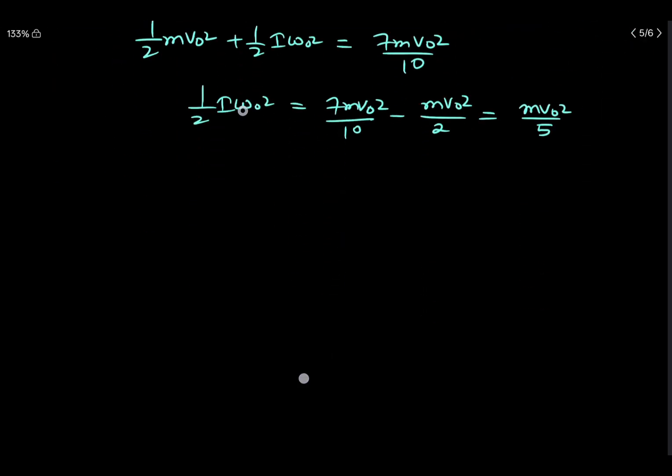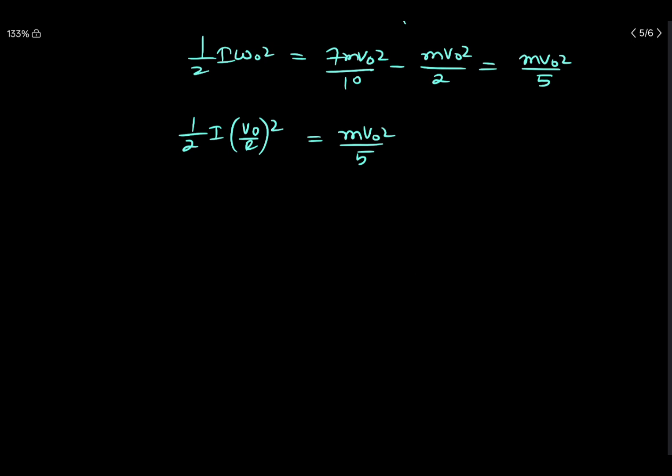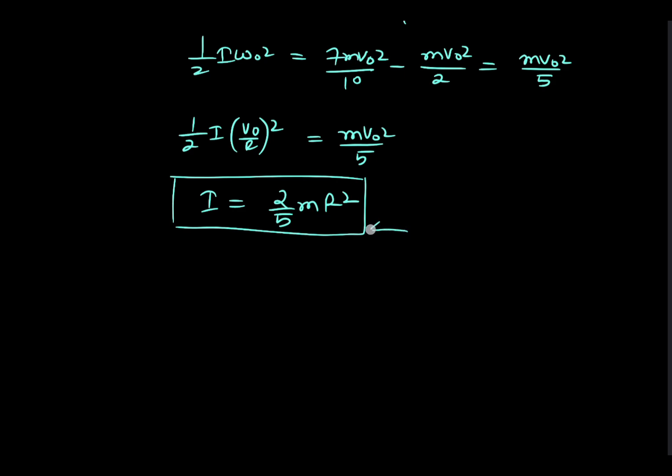So half I v naught by r whole square equals m v naught square upon 5. If I cancel v naught square and find out the value of I, it will be 2 by 5 m r square. And this is the moment of inertia of a solid sphere. You should know that.